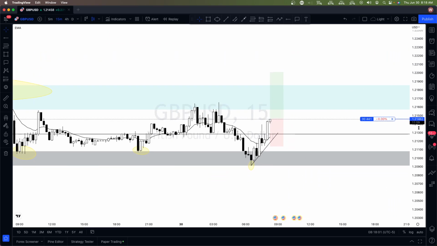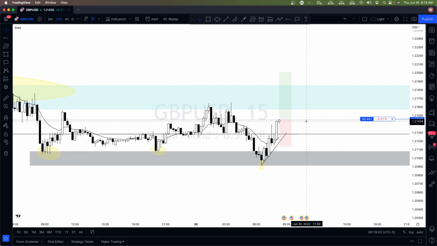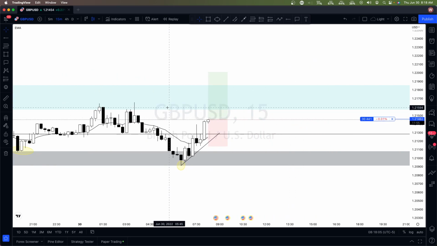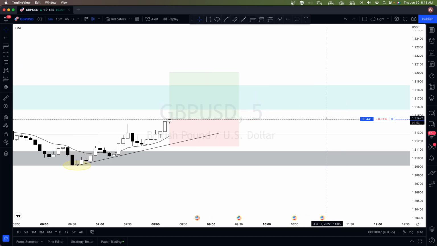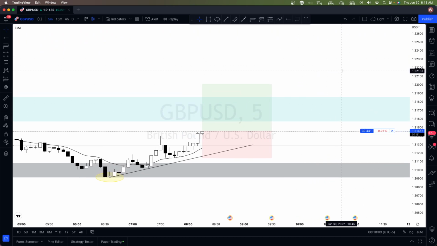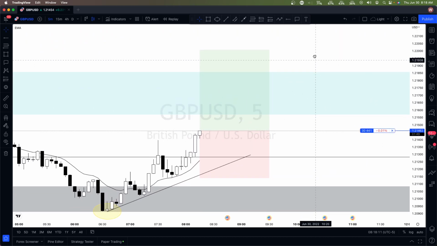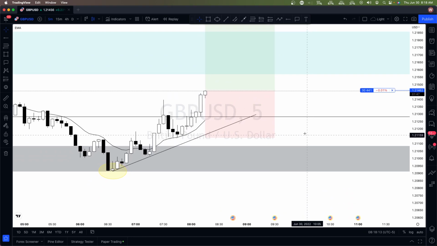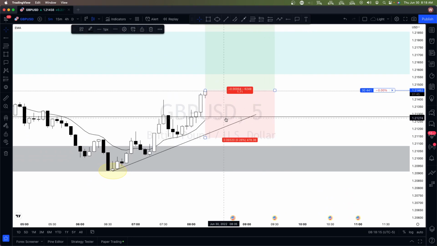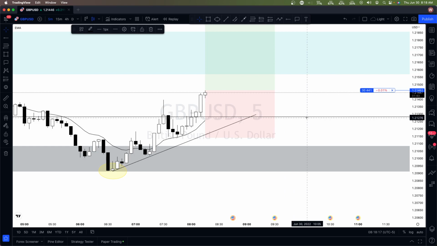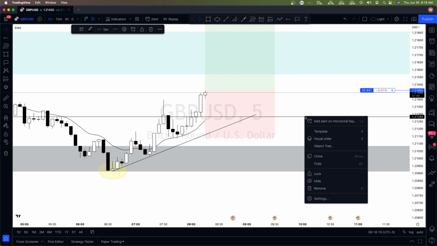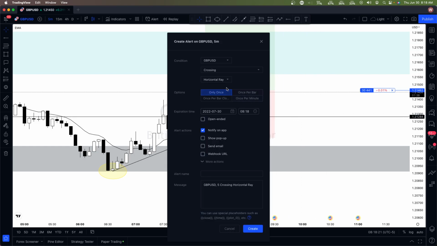15-minute chart. So in a buy, and we'll see how this plays out. 5-minute. Actually, I'll set my alert on this.